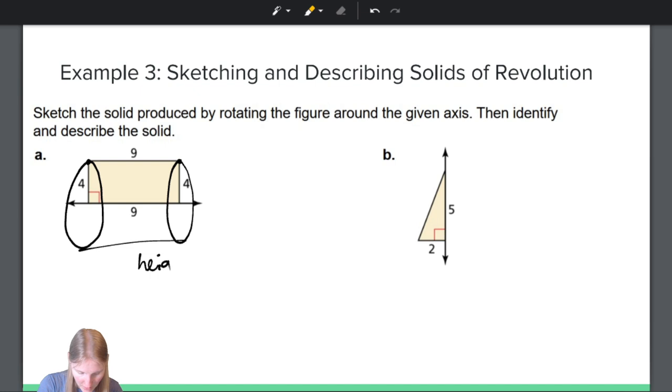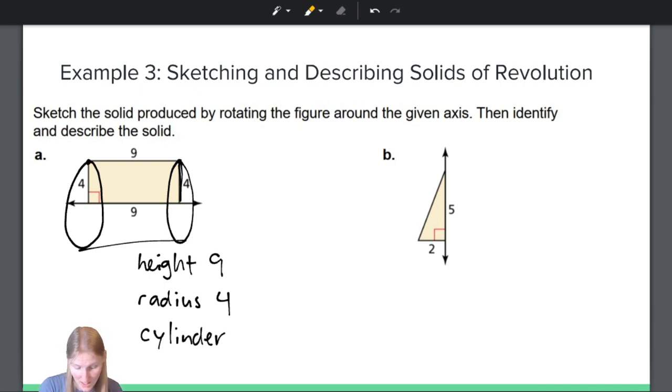I'll call it height. The height is 9, and that 4 is the radius of the circle that's on the edge of either end of the cylinder. So we have a radius of 4 for the base. So this is a cylinder with height 9 and radius 4.